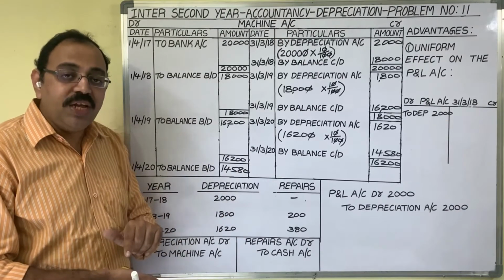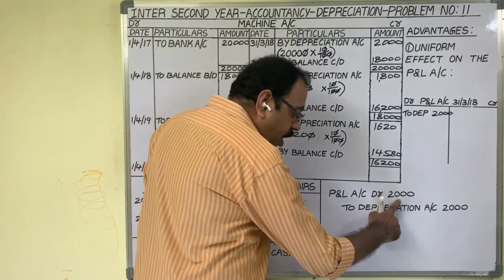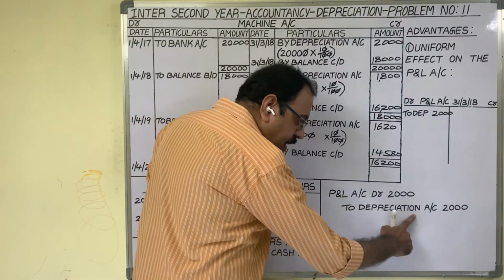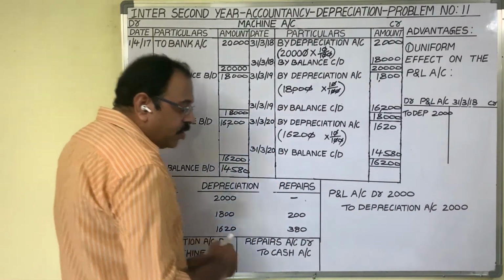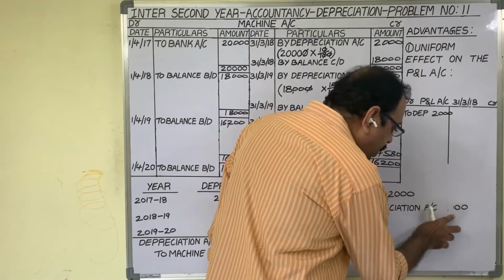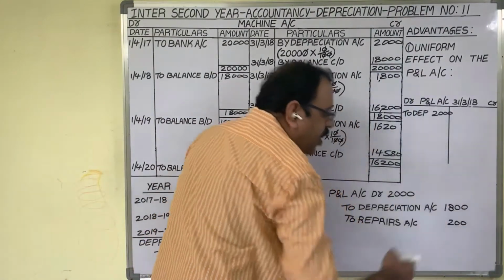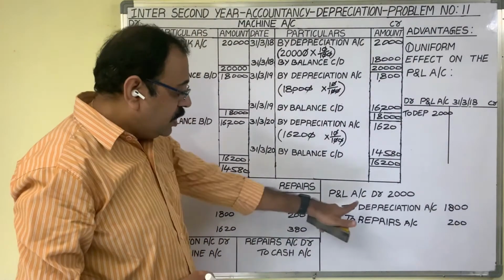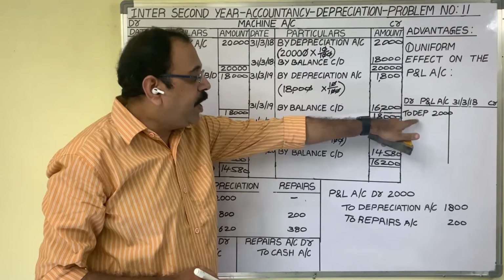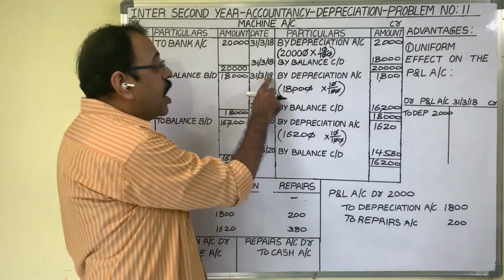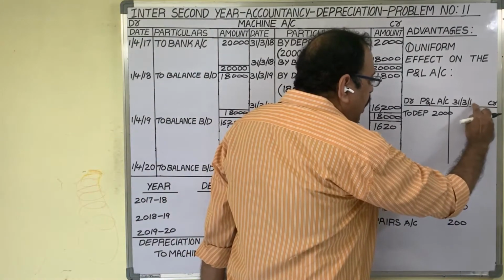Therefore, what is the entry in second year? Profit and loss account debit to depreciation account. Depreciation amount in second year is 1800 rupees, to repairs account 200 rupees. Now this entry we should post in P&L account, which is prepared on 31st March 19, second year last date.